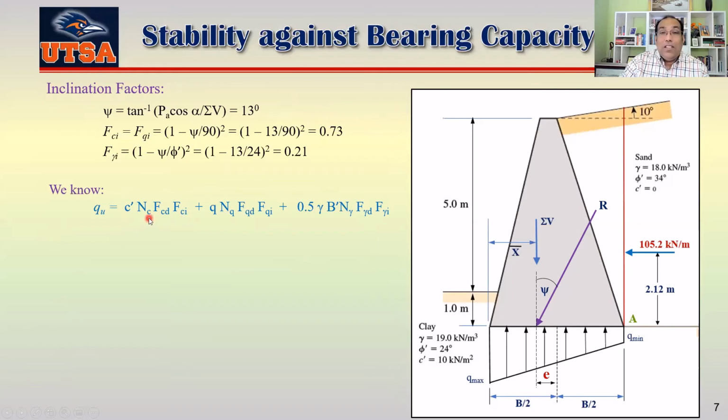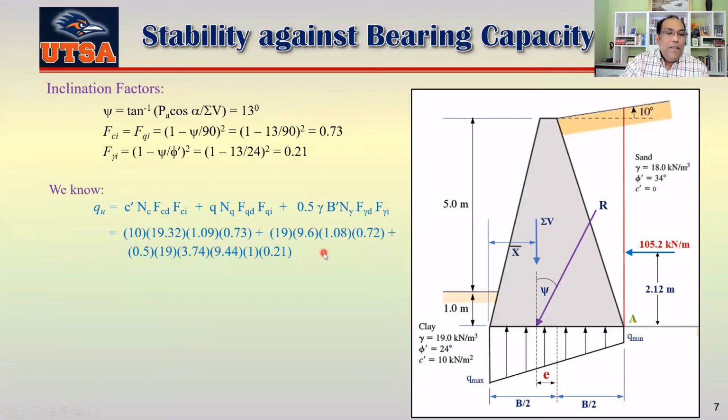You see there is no FCS because these are 1, so I just ignored that. And you have to use B prime rather than B because it's an eccentric one, right? So if you plug all those values in, your QU is equal to 368 kilonewton per meter square.